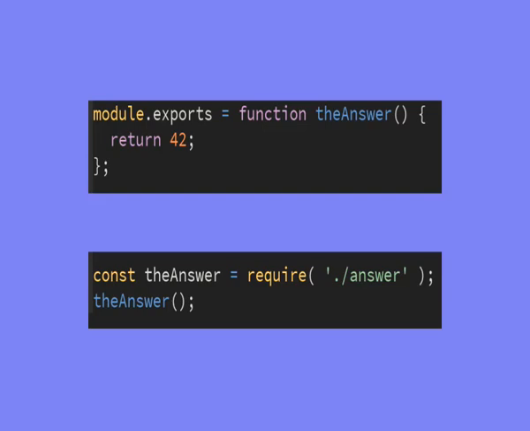We assign that to a function, which will return 42. And then in our second file, we can require that file. The top one is answer.js. The bottom one is requiring this file, assigning it to a variable, and then calling that, which returns 42. So we have a module there, which is good. It's a very basic module, but at least it's something, it's ours.